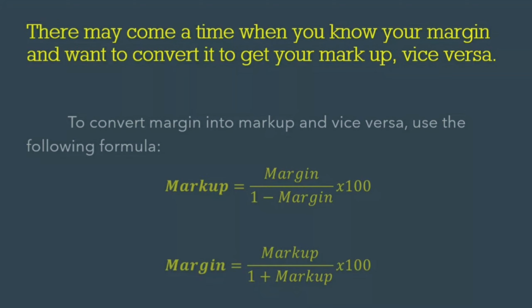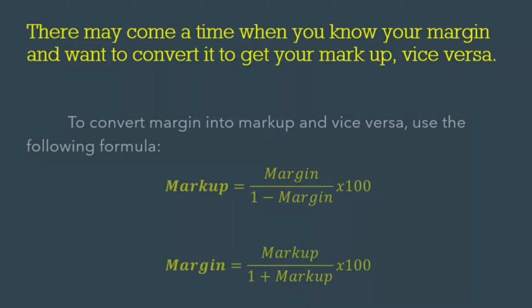Okay, so the next topic is conversion. There may come a time when you know your margin and want to convert it to your markup, vice versa. So, to convert margin into markup and vice versa, we have to use the following formula.